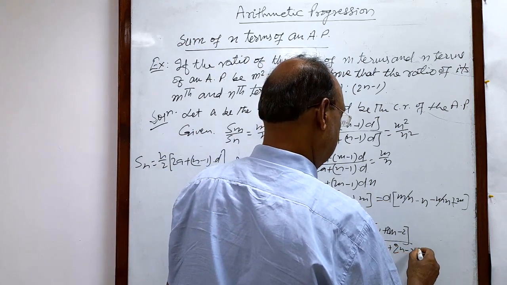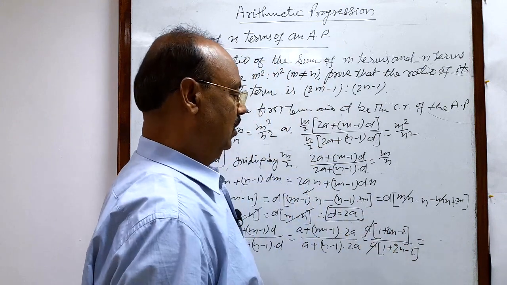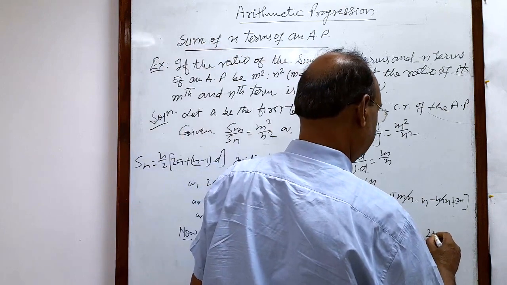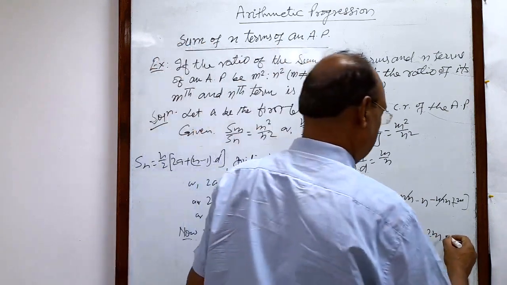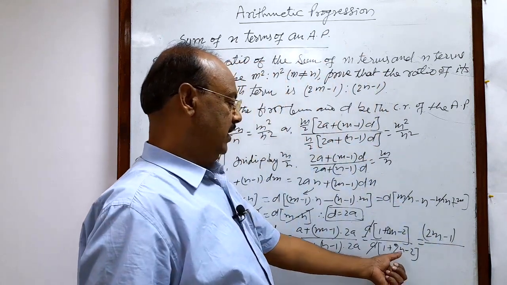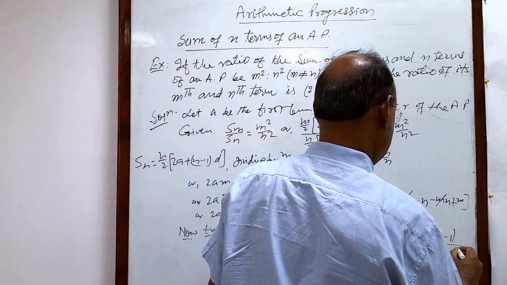This a will cancel out, and here we are getting 2m, and minus 2 plus 1 is minus 1. Similarly, in the denominator, we are getting 2n minus 1.